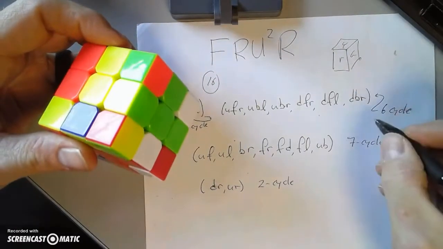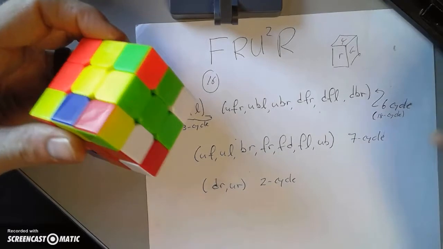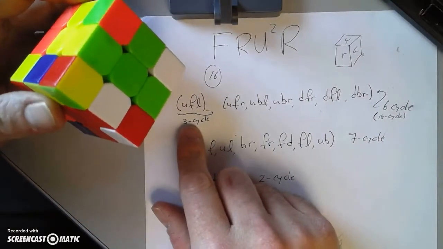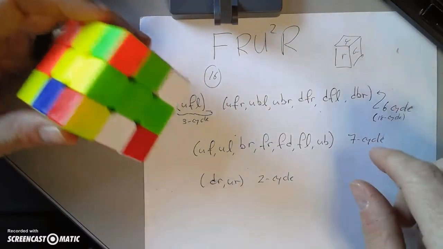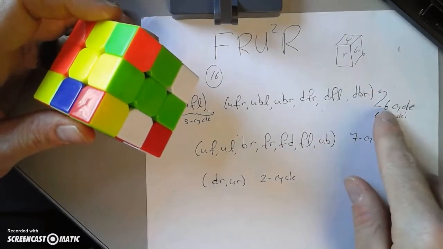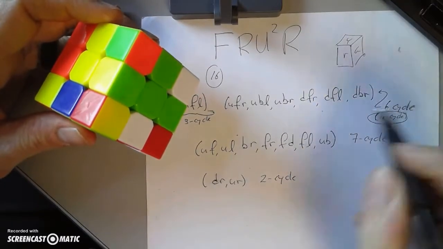So this is actually an 18 cycle. We already have a 3 cycle in here anyway, so it's not going to be a big deal. But we are going to need to do this 6 cycle 2 more times. So it'll be 18.